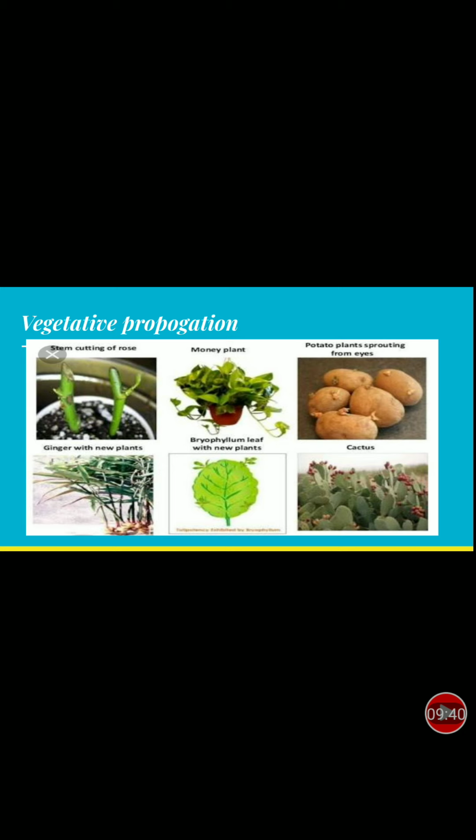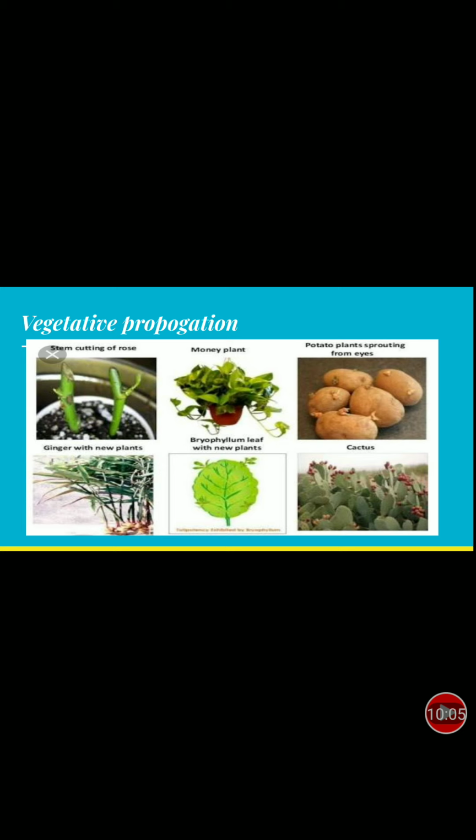Plants produced by vegetative propagation take less time to grow and bear flowers and fruits earlier than those produced from seeds. So vegetative propagation is very useful. The new plants are exact copies of the parent plant. I told you what reproduction is. I defined it already. Parent plant is very important.